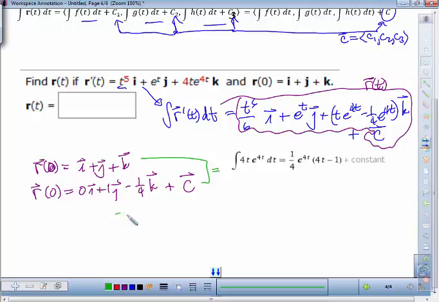So 1j minus 1/4 k plus c is equal to ijk. And so c is equal to, the i doesn't change, the j and the j cancel, so that's nothing. And then you have 1 plus 1/4 k, 5/4.